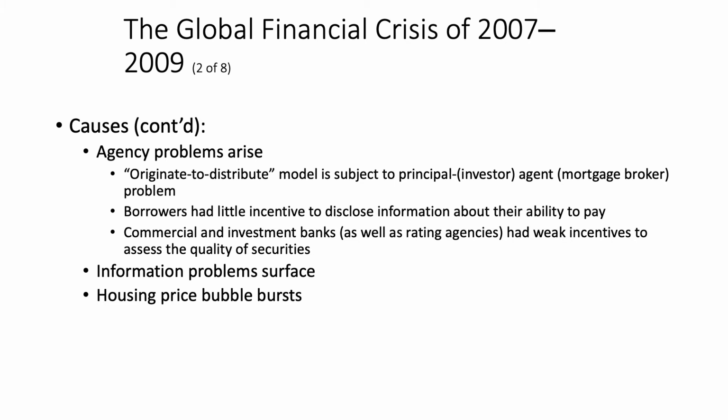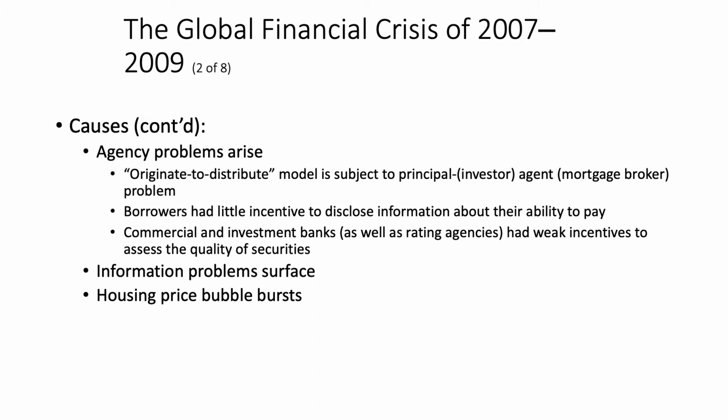But what happened with this financial innovation of the mortgage-backed security meant that banks would originate the mortgage, lend the money out, but then package the mortgage in a security and sell that off to other financial institutions like pension funds and investment banks and so on.